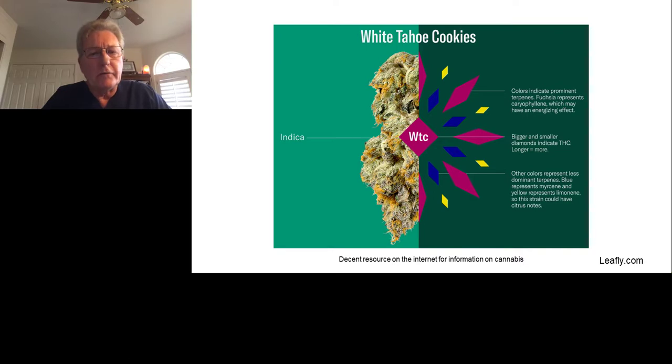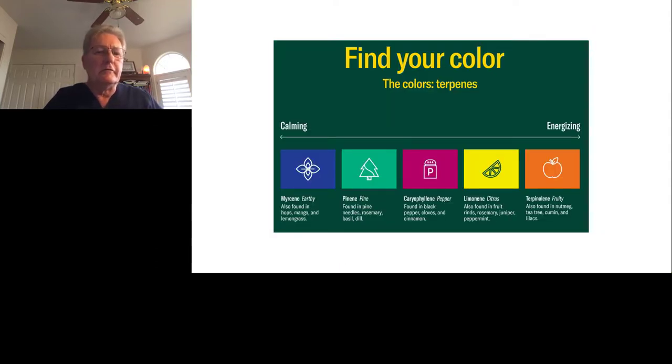This is one of the ways that they present how, for this example, White Tahoe Cookie, an indica dominant cultivar, shows the dominant terpenes that are color-coded, and you can find those colors associated with a calming effect, myrcene being on the far left, and energizing effect with terpinolene on the right.